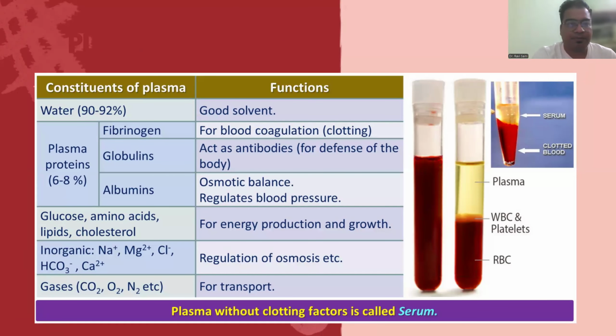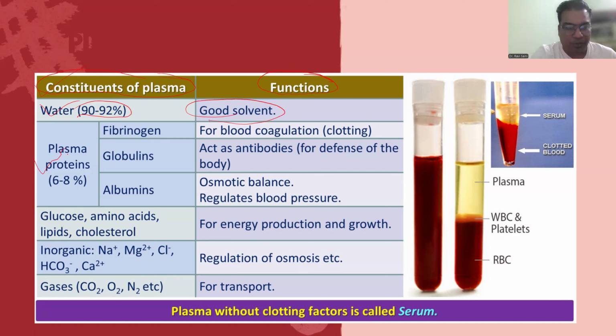In this table, there is a presentation of the constituents of plasma. What are the various constituent parts of the plasma and their respective functions? Water covers around 90 to 92%. It acts as a solvent.